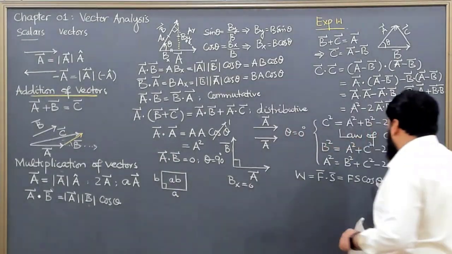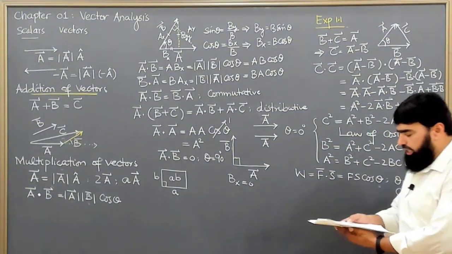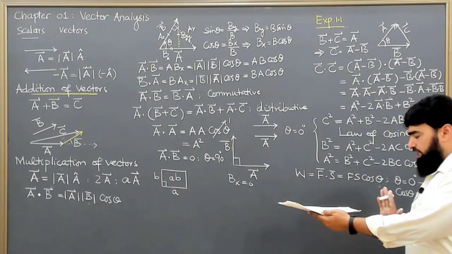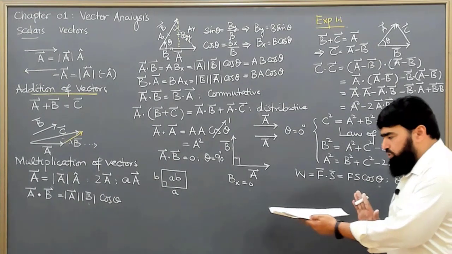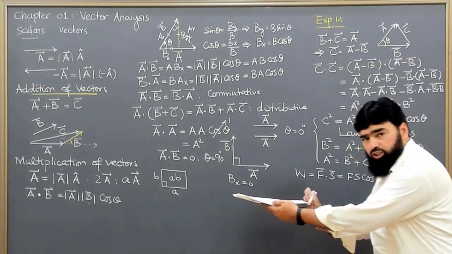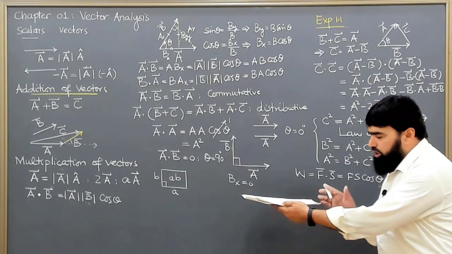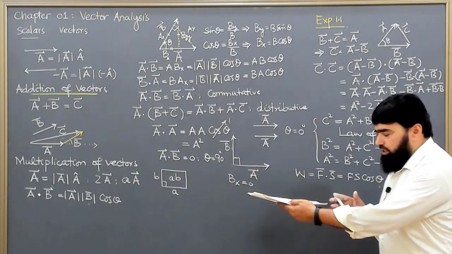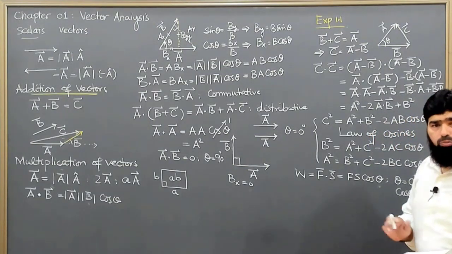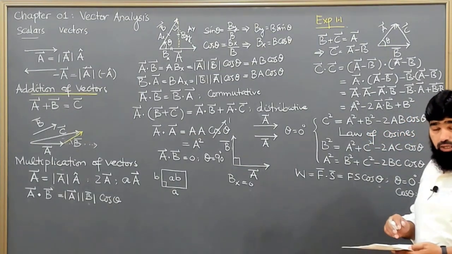This is what we have to see here. Let's say, for example, this is a body and it is moving in this direction and the force is exactly in the same direction. So the angle between the motion, the path, and the force is equal to 0. It will be a maximum work done.